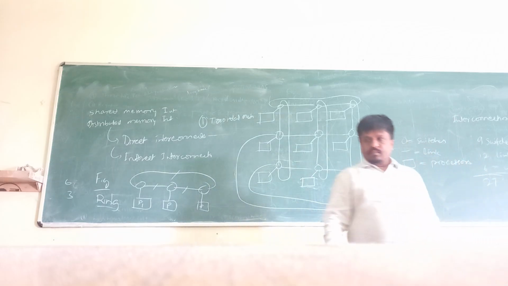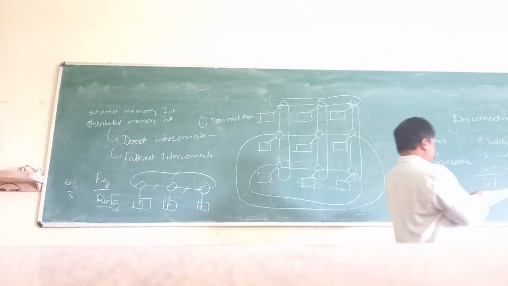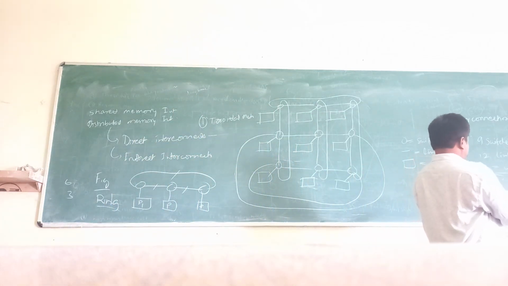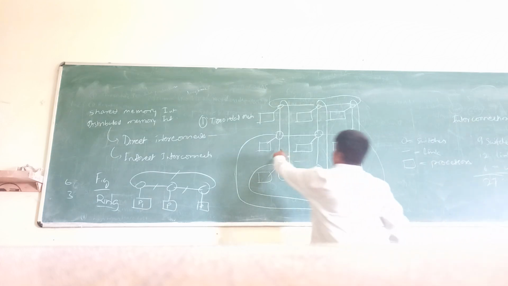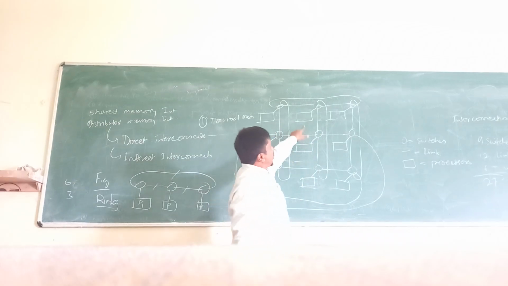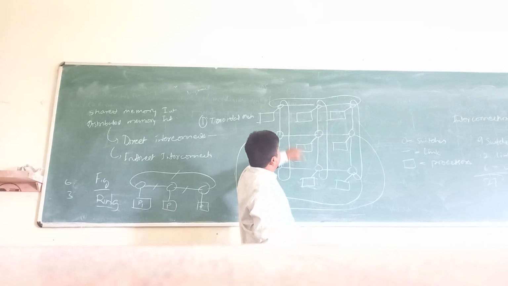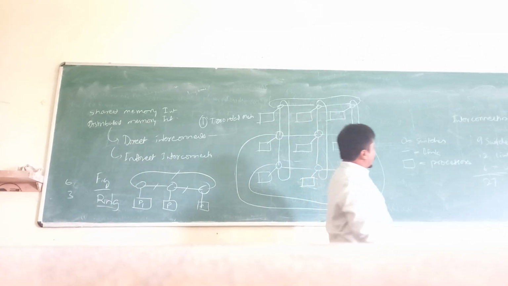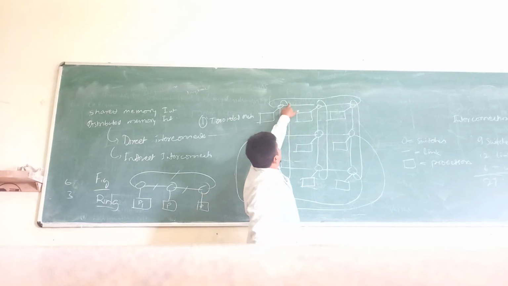Around 18 links. These are the 12 links: 1, 2, 3, 4, 5, 6, 12 are there. But these are also connections for connecting the processor. We have 6 here also: 1, 2, 3, 4, 5, 6.